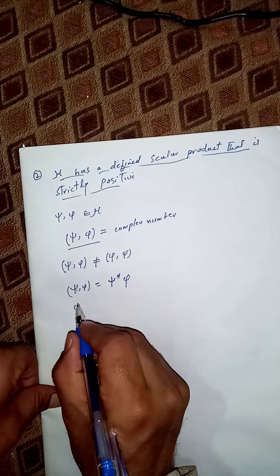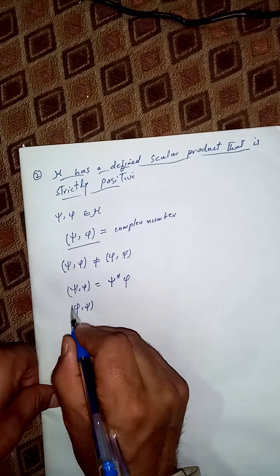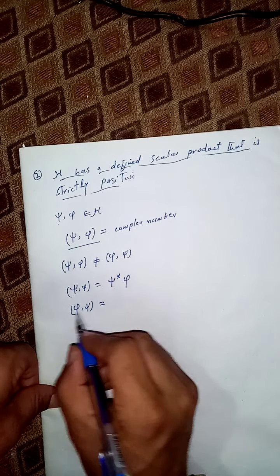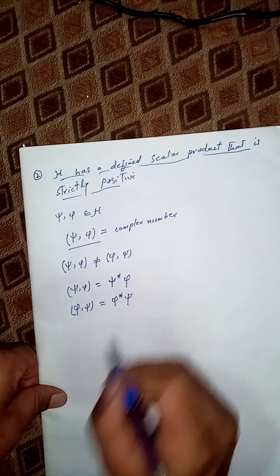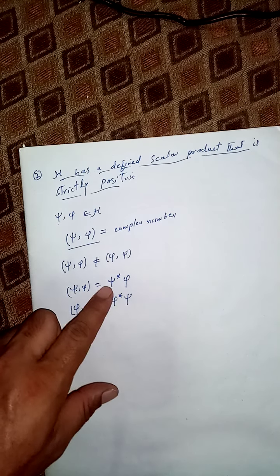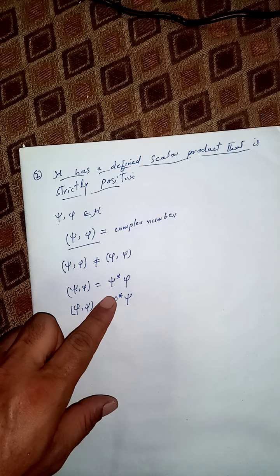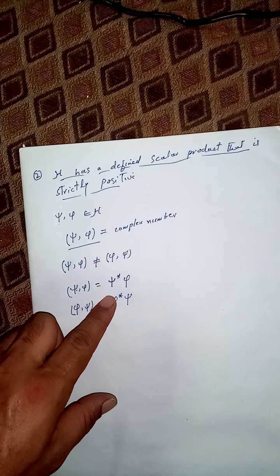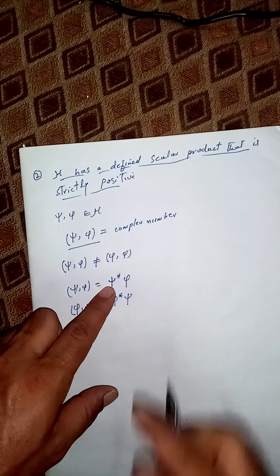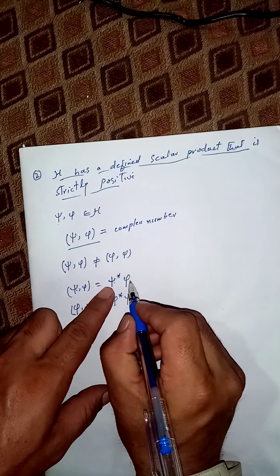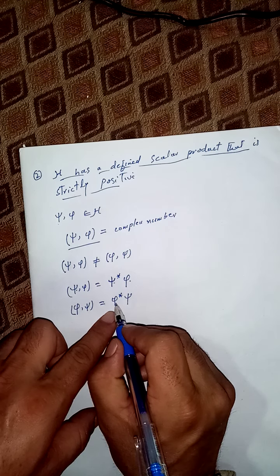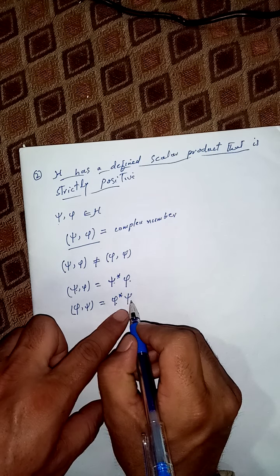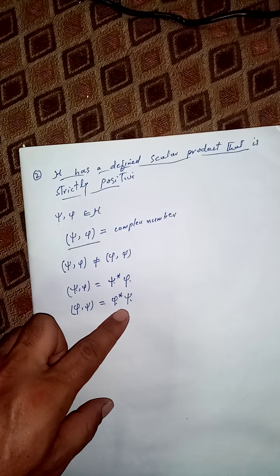While phi over psi is equal to taking the complex conjugate of the first function and then multiplying it with the second. So these two are not equal, okay? Because if we take the complex conjugate of phi and multiply with psi, then obviously the result will be different.